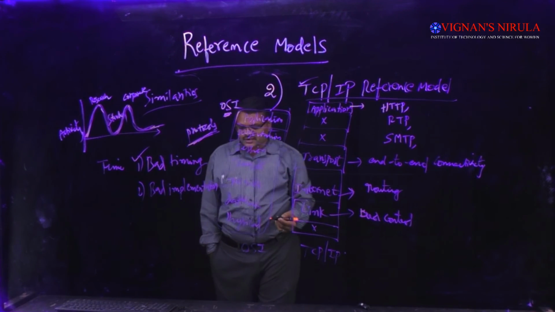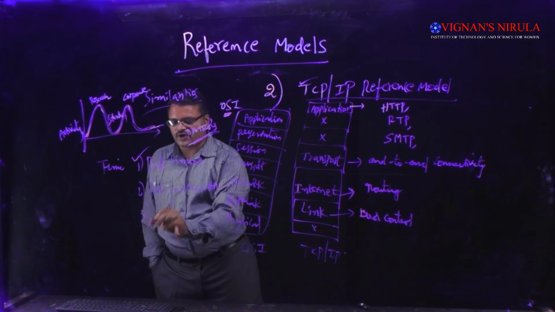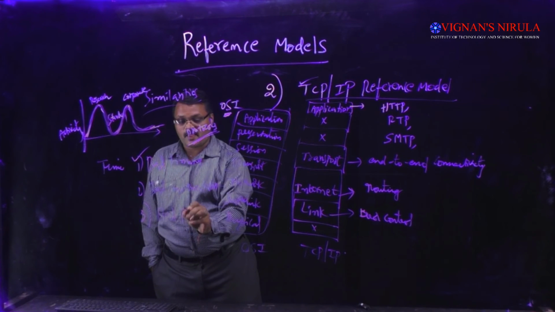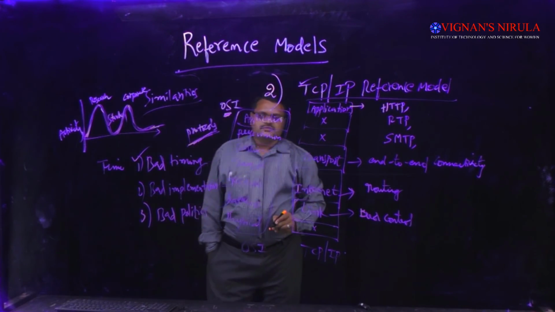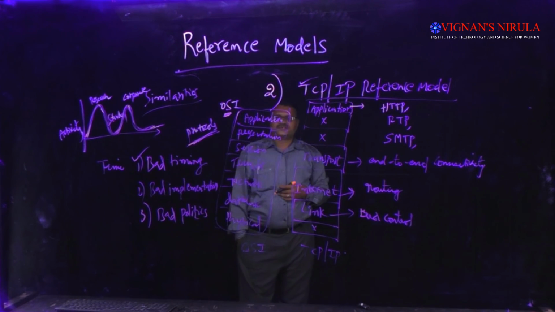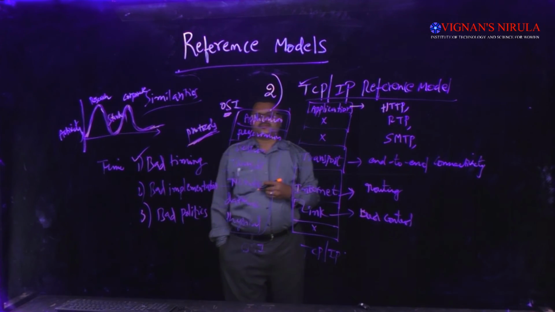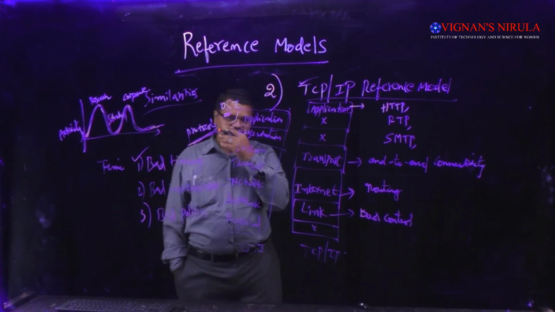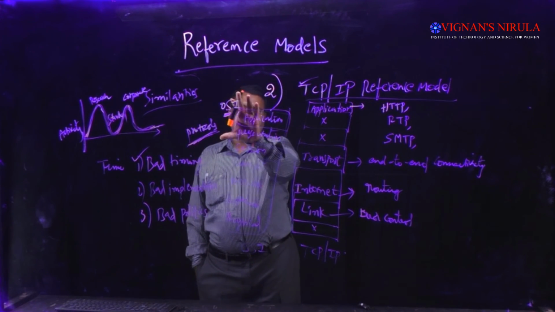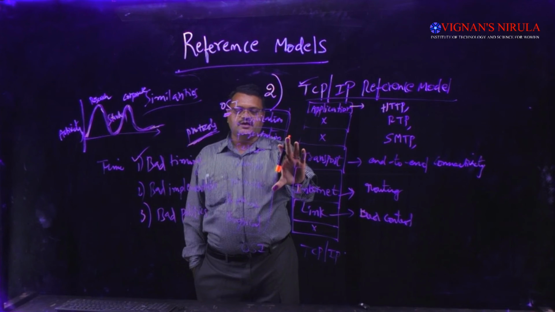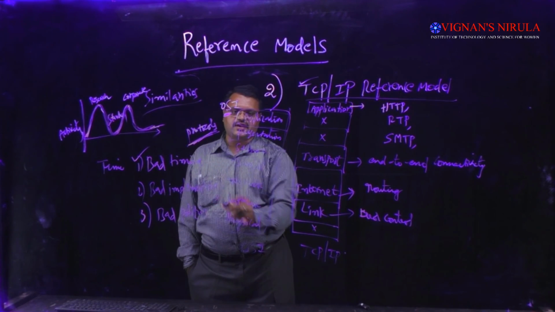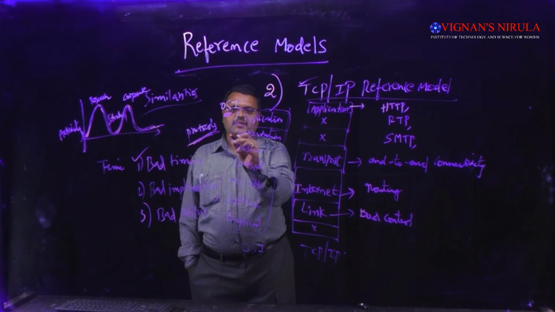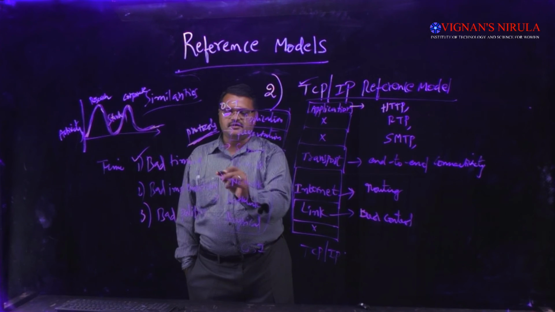And coming to the bad politics also. Okay, so these are the three comparisons between OSI and TCP/IP. Another comparison is, in case of OSI, all 7 layers are present, but the majority of the work is done in network and data link, whereas very little work is done by presentation and session.